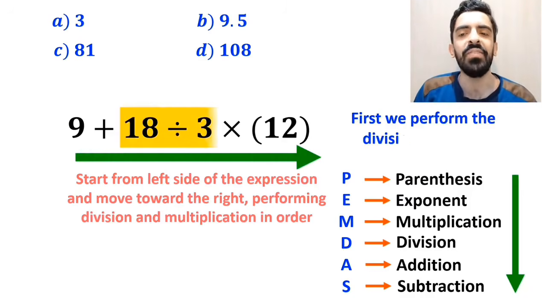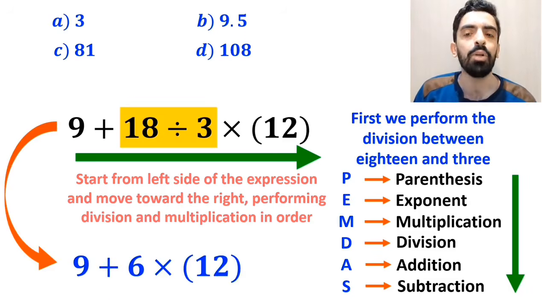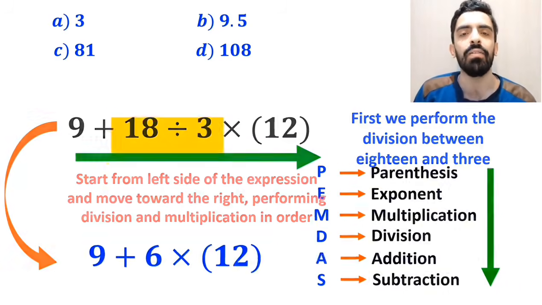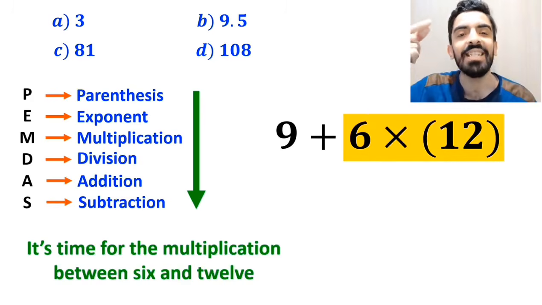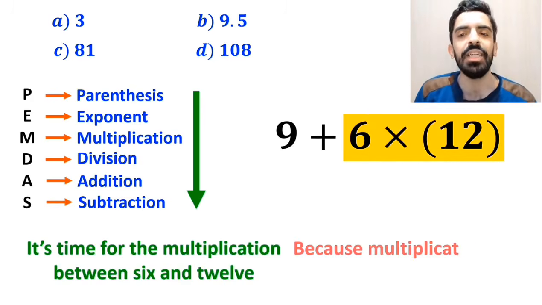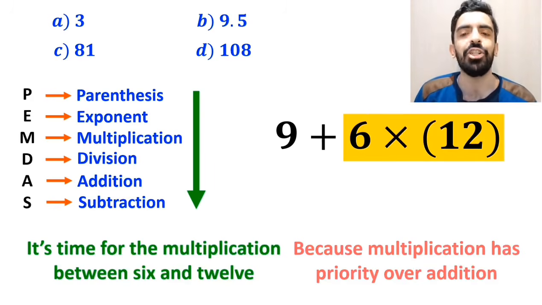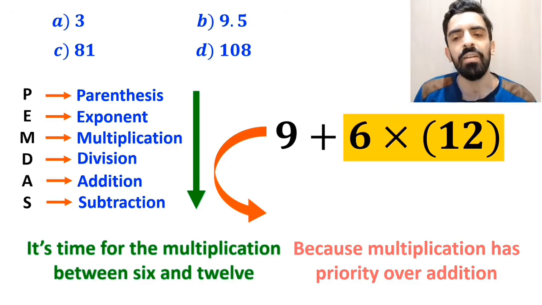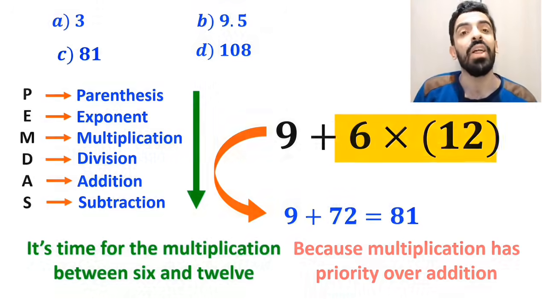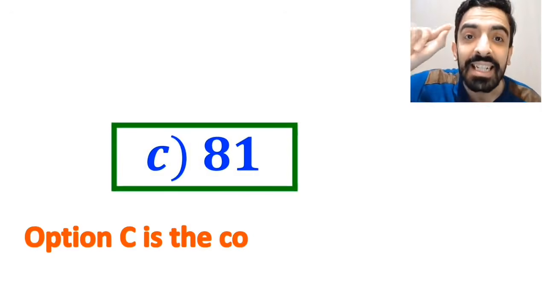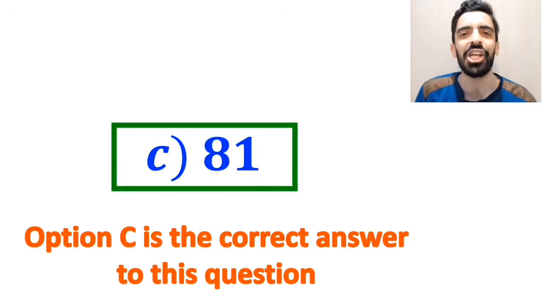So, first we perform the division between 18 and 3, which simplifies this expression to 9 plus 6 multiplied by 12. And the next step, it's time for the multiplication between 6 and 12, because multiplication has priority over addition. So, instead of this expression, we can write 9 plus 72, which ultimately gives us the answer 81. Therefore, option C is the correct answer to this question.